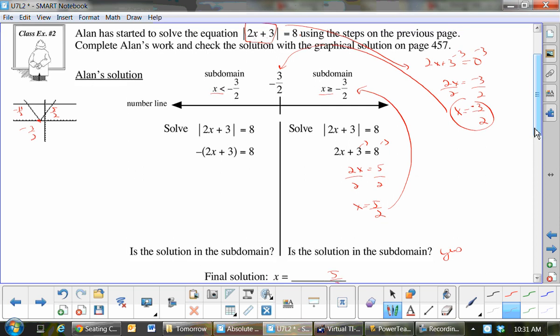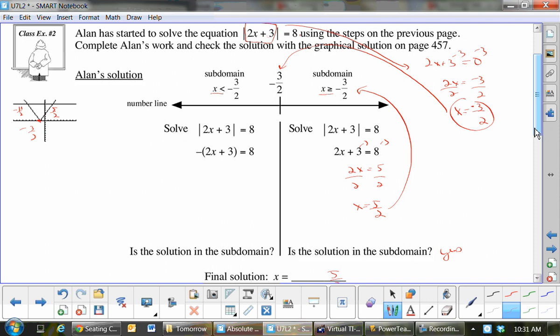Now, I got to get the other one. And I've already ruined this surprise because I know what that other one is. But how can I show that algebraically? Well, if you ever put anything into this equation less than negative 3 over 2, the thing inside the absolute value is negative. But I need to make it positive.